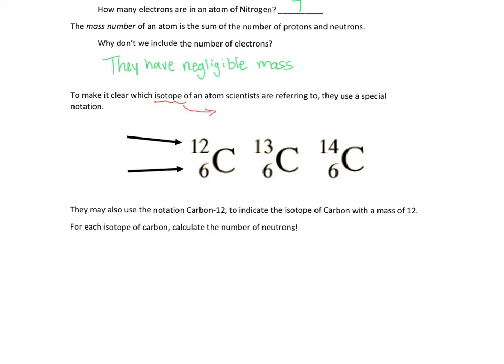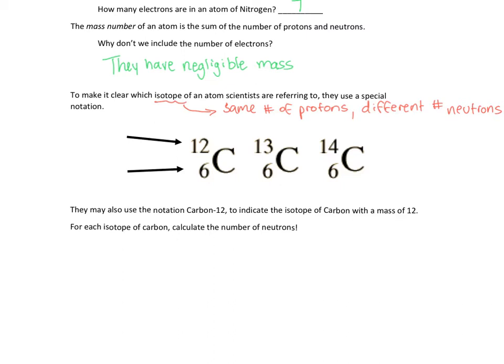So if they're the same atom, the same type, then they have the same number of protons, but they have different numbers of neutrons.